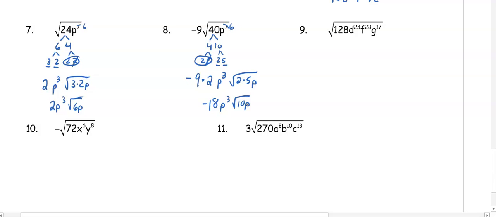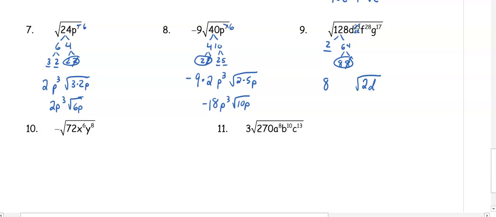Number 9, we have the square root of 128, d to the 23rd, f to the 28th, and g to the 17th. So first we're going to break down 128. So 128 can break down to 2 and 64. 64 can break to 8 and 8. That's our pair. And we have a 2 left under the radical. If we look at d to the 23rd, that's an odd exponent, so one of the d's has to stay under the square root.